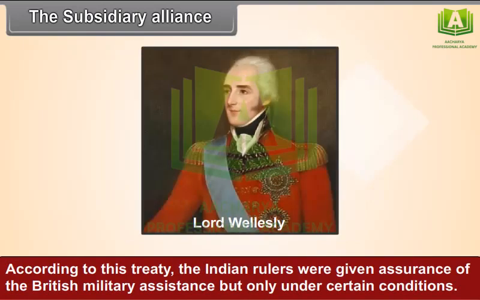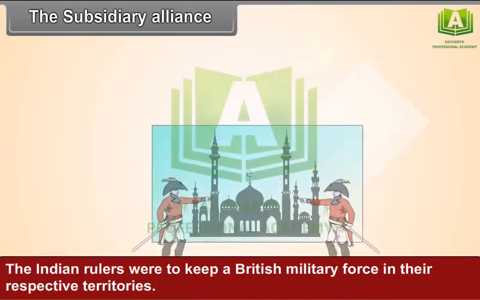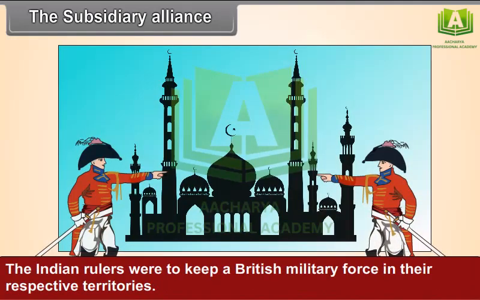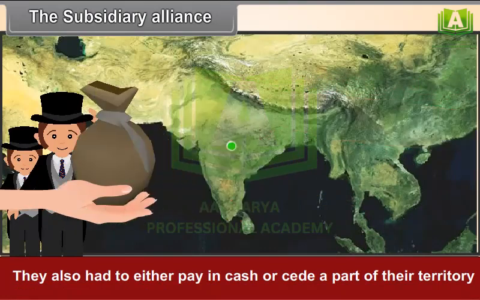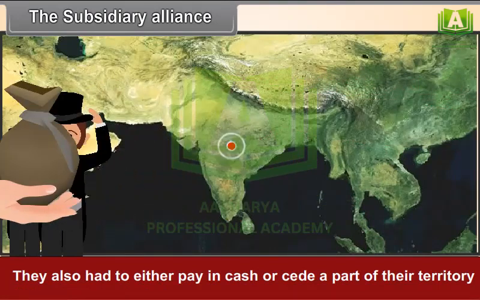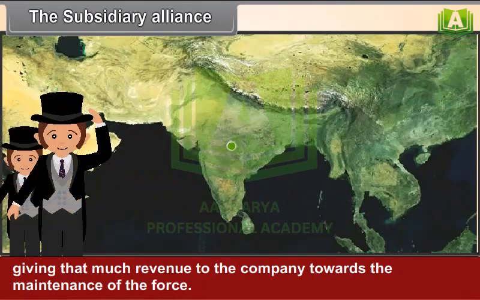According to this treaty, the Indian rulers were given assurance of the British military assistance, but only under certain conditions. The Indian rulers were to keep a British military force in their respective territories. They also had to either pay in cash or cede a part of their territory, giving that much revenue to the company towards the maintenance of the force.